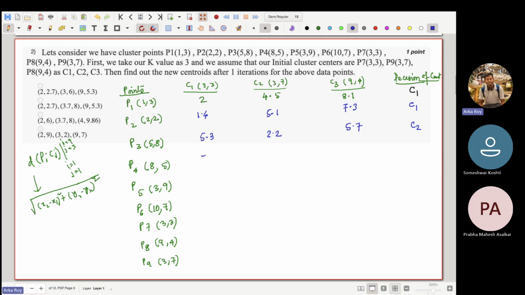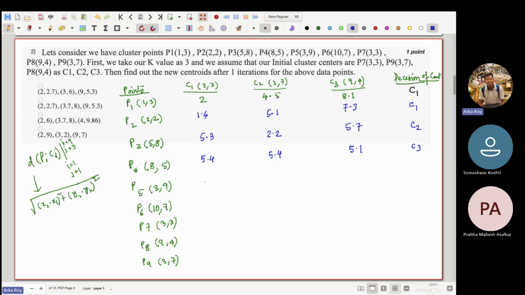In the next case, it is 5.4, 5.4, 5.1. In this case, you can see that 5.1 is the lowest one among these. Therefore, it would be C3.